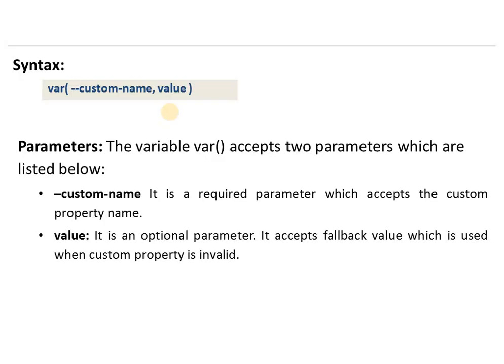The second one, value, is an optional parameter. It accepts a fallback value which is used when the custom property is invalid. For example, if by mistake I have written a wrong custom property name, then whatever value is given as the second argument will be applicable to that property's value.